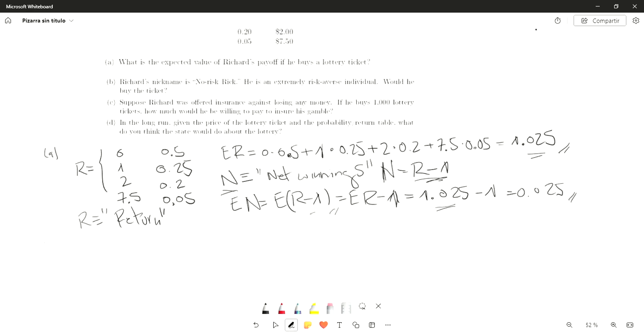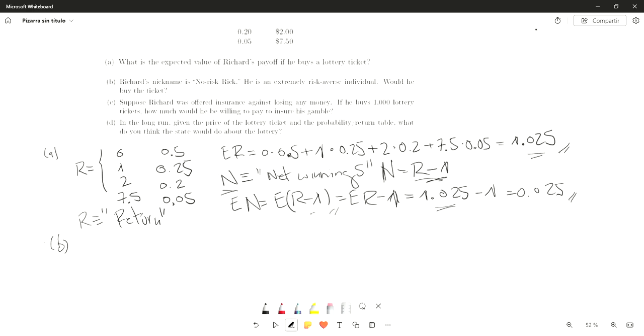Now let's go ahead with the second part of the exercise, part B. For this particular case, we are going to assume that we have a utility. Richard's nickname is No Risk Richard. He's an extremely risk-averse individual. So would he buy the ticket?